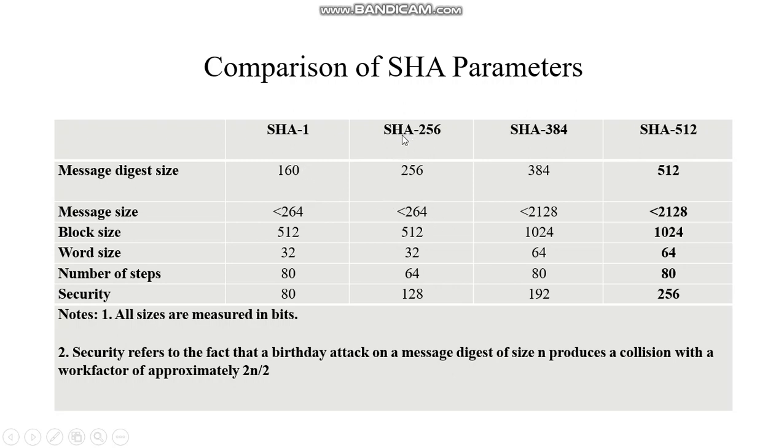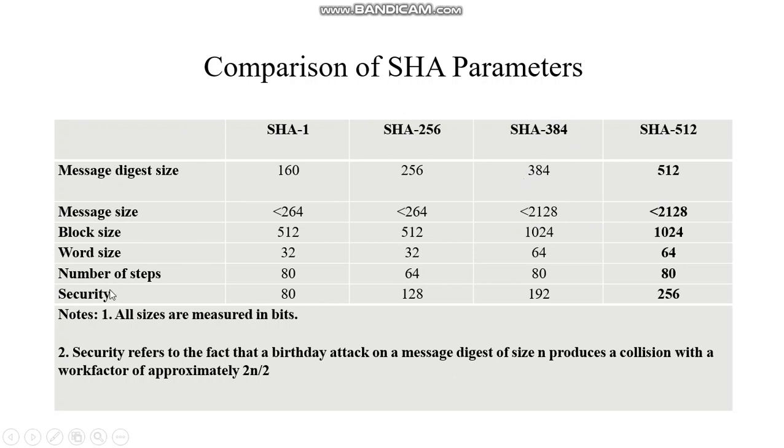Similarly, in SHA-256, that is, the secure hash algorithm with 256 bits, if the message size is less than 2^64 bits, a fixed-size output of 256 bits can be generated. This comparison of various secure hash algorithm parameters is given here.